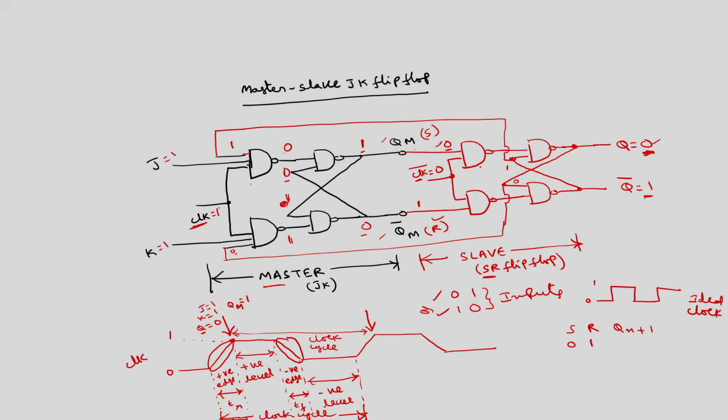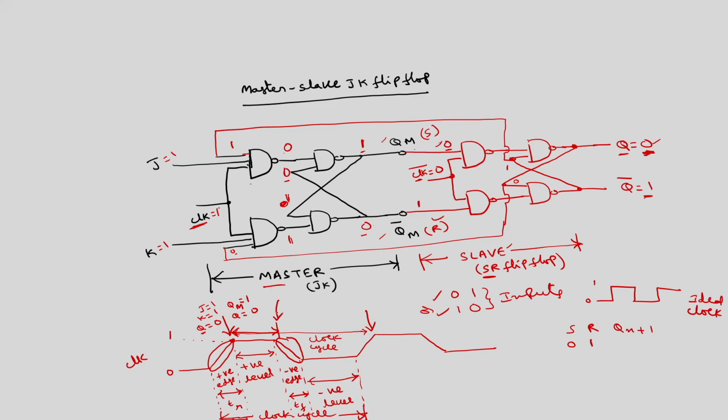Now, what happens to the final output? Because clock is equal to 0 for the slave, the slave will be disabled. For clock is equal to 0, we have verified in the previous slides that the flip flop remains in the previous state regardless of whether it is a JK flip flop or SR flip flop. Okay. So, this Q becomes 0 only. This will happen throughout this period.